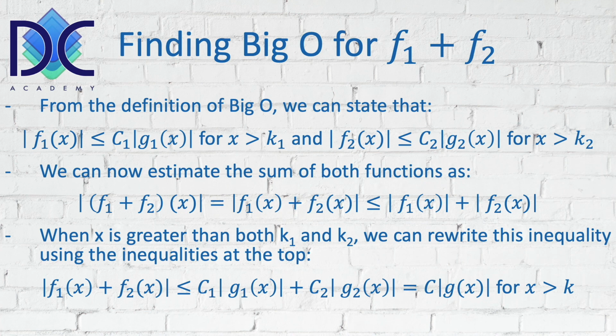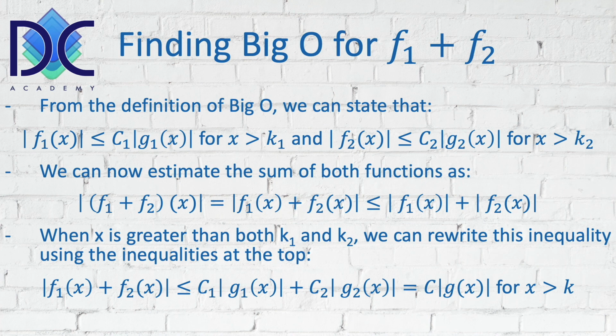We can replace f1 of x by c1 times the absolute value of g1 of x, because this is larger than or equal to f1 of x. So the absolute value of f1 of x plus f2 of x is smaller than or equal to c1 times the absolute value of g1 of x plus c2 times the absolute value of g2 of x.